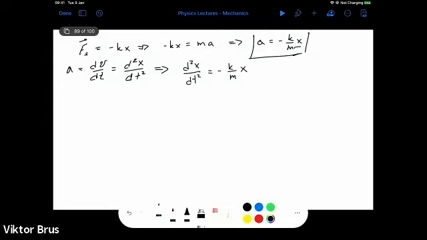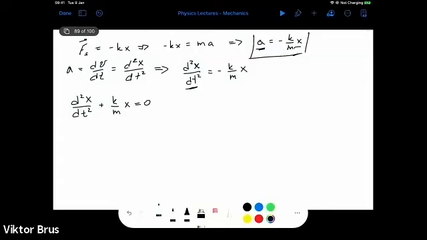So here, instead of a, we put the second derivative of displacement x, and we get a second order linear differential equation: d squared x over dt squared plus k over m x equal to 0.